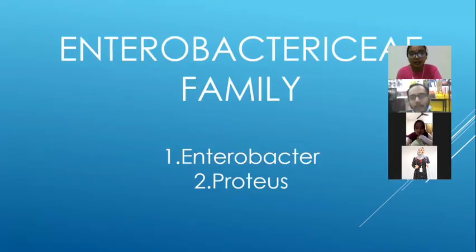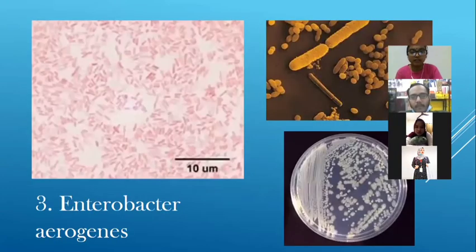Okay, next we have two types of microbe from the Enterobacteriaceae family. First we have the Enterobacter aerogenes. It's a gram-negative bacteria, and it's a spore-forming bacteria that lives as facultative anaerobic.